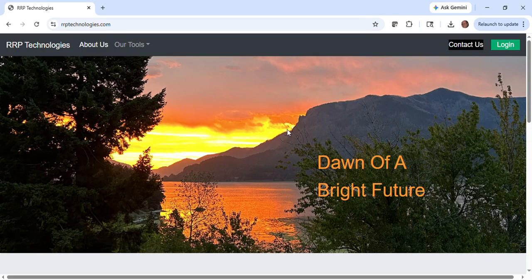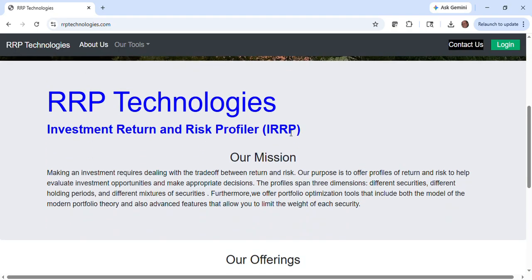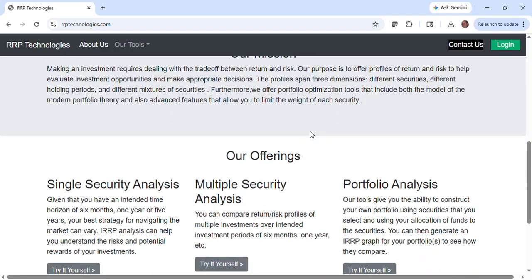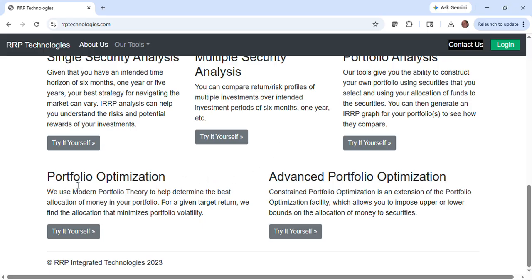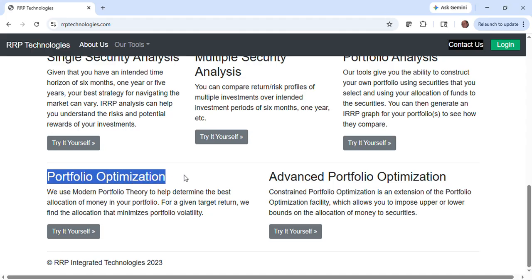rrptechnologies.com. Our website has a number of tools for long-term investors, and I'd like to demonstrate one of them in this video. This particular tool is a portfolio optimization tool. What you can do with this is you provide a list of securities or ticker symbols.